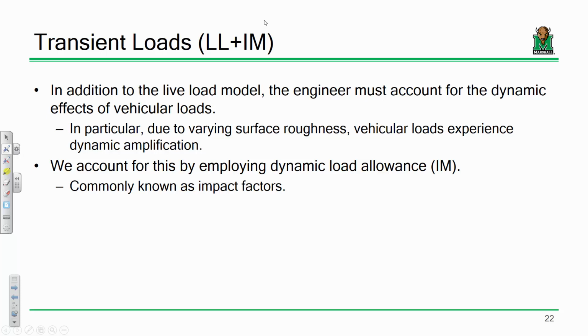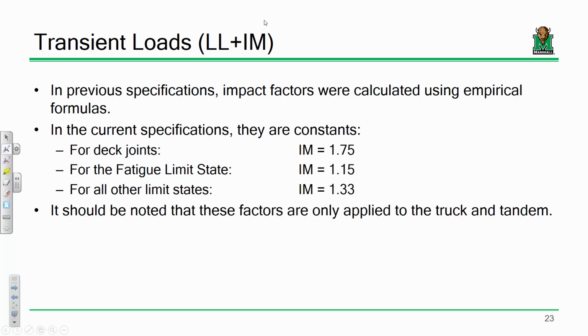Now, there used to be this really empirical equation that you would use to compute impact factors, but now it's really simple, okay? When you're doing strength limit states, service limit states, extreme event, all that stuff, you use an impact factor of 1.33, and you only apply it to the vehicular component of the load, the truck or the tandem.